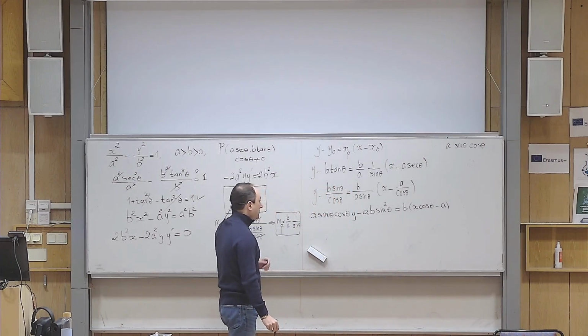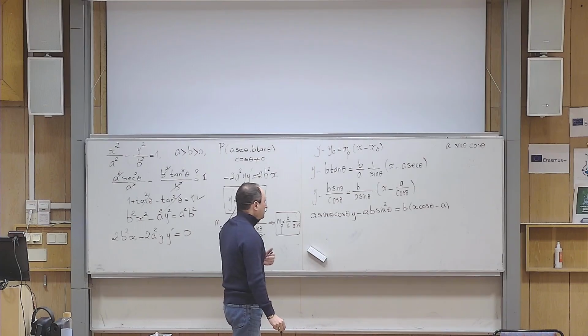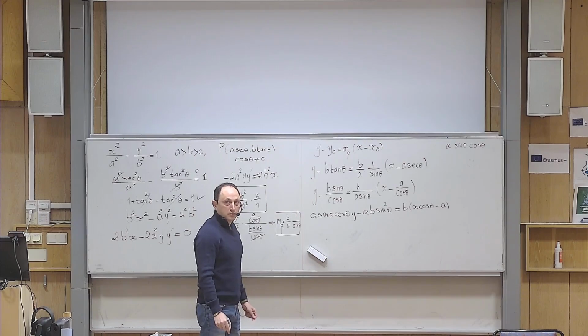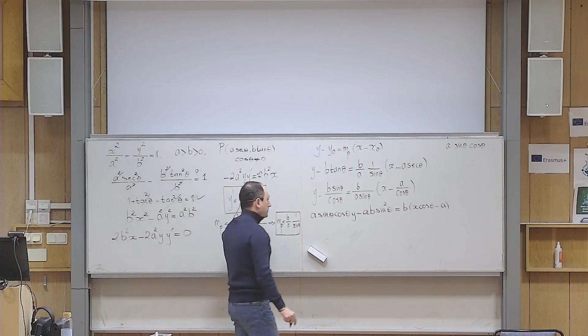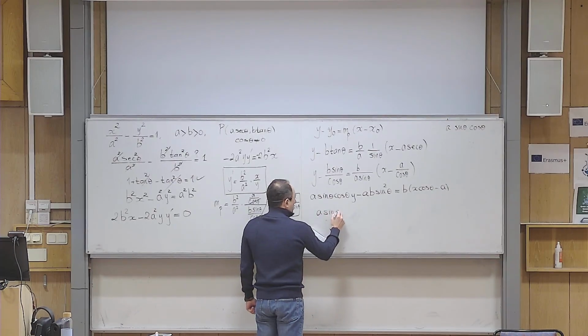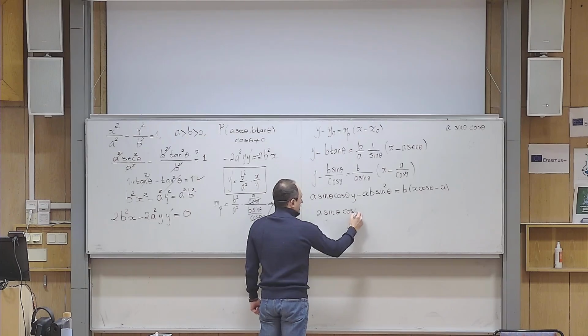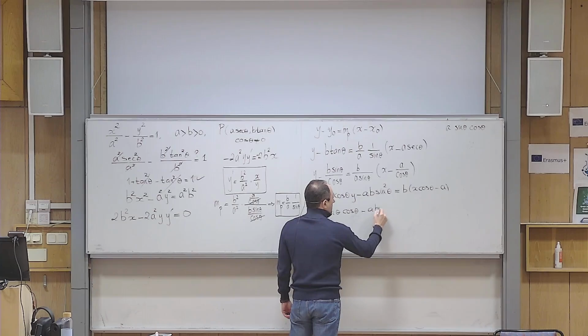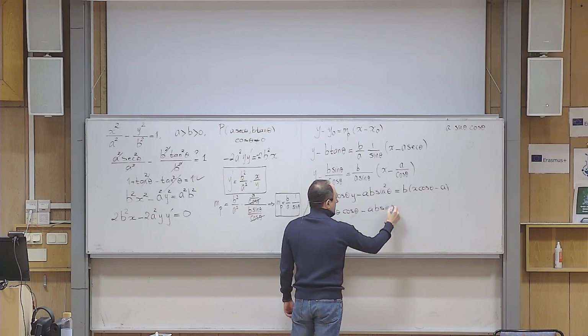In principle, I am done, but let me just simplify it because that is not exactly the equation proposed by the problem. We have to simplify. So I copy and paste the first term for the time being. And this one, I can write minus ab sine theta squared.